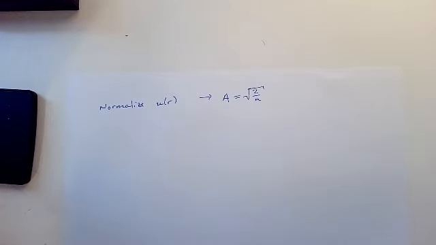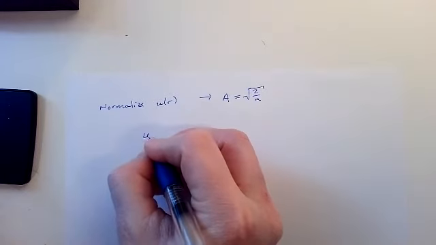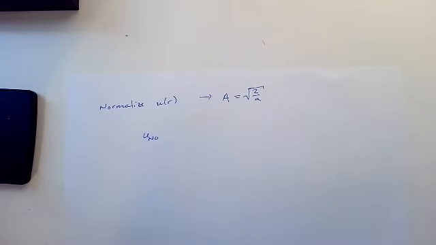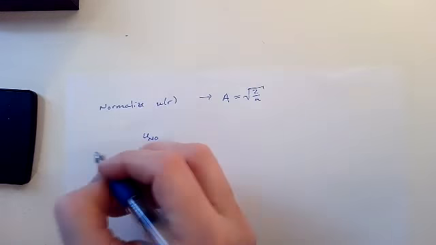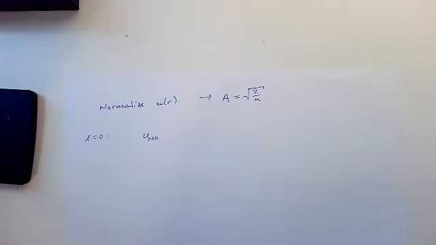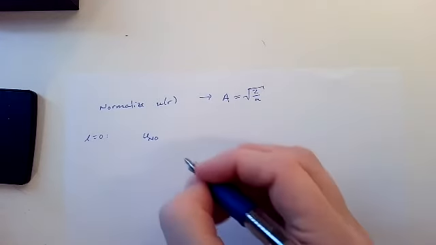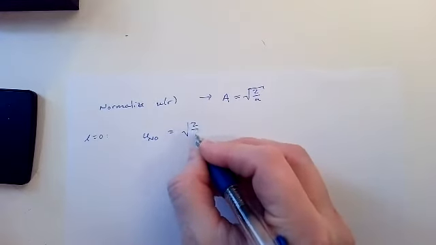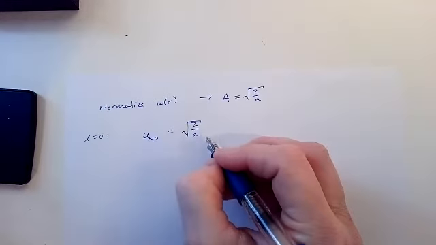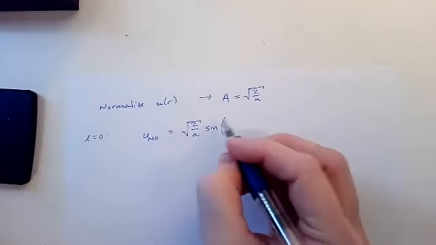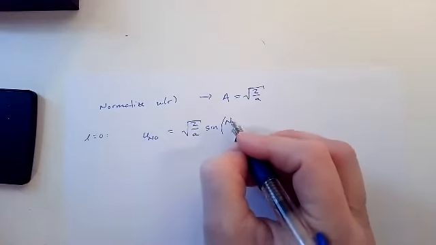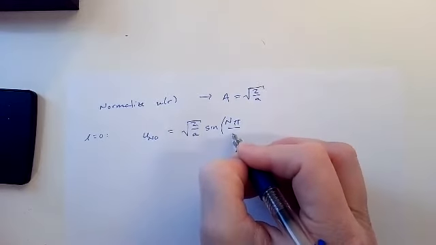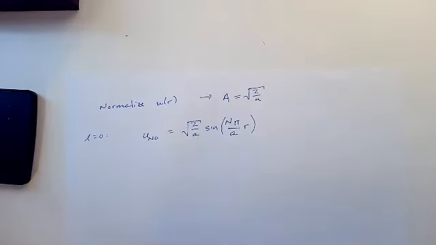So once we do that, we have a function that we'll denote with an n and a 0 again, because we're in this case where L equals 0. And that function looks like the square root of 2 over our lowercase a times sine, and we've decided k looks like n pi over a times r in that sine function. So the radial wave equation has n minus 1 nodes, or you could say n lobes.